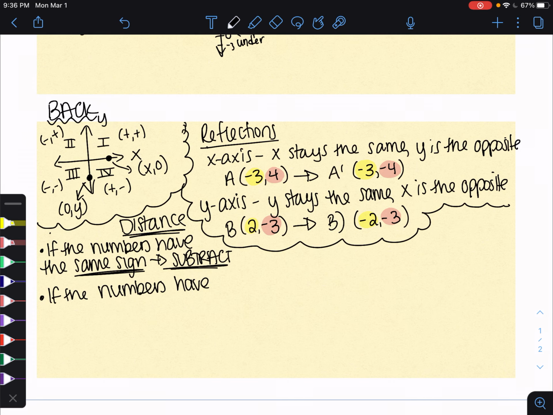If the numbers have different signs, you're going to add.